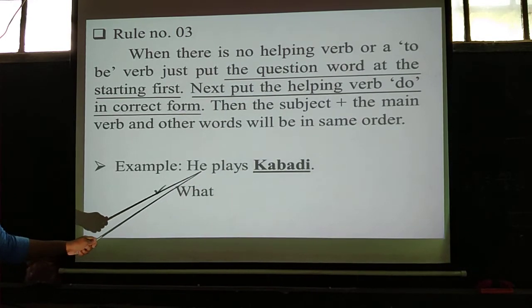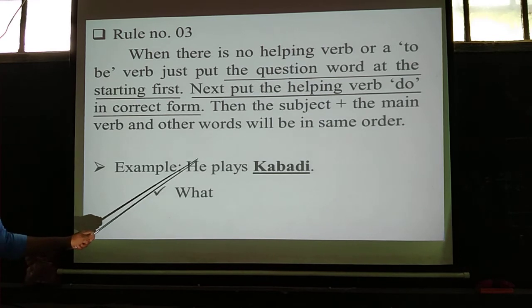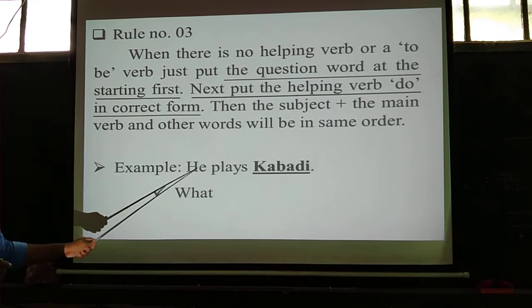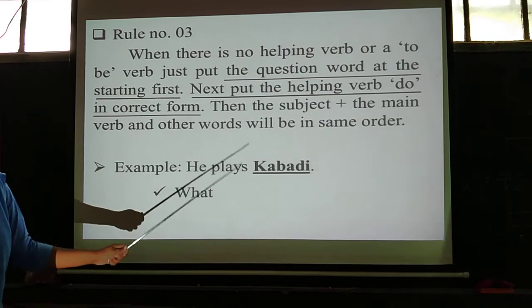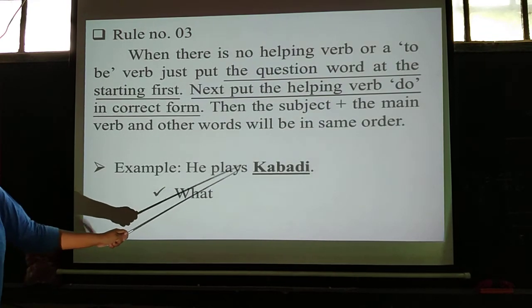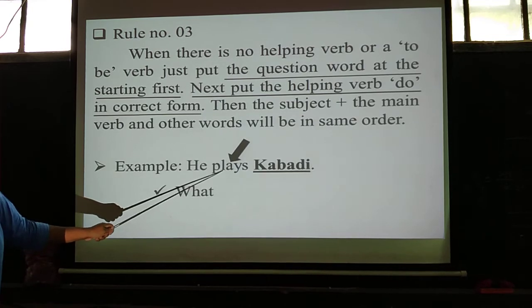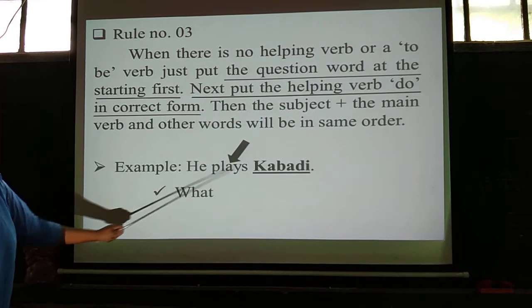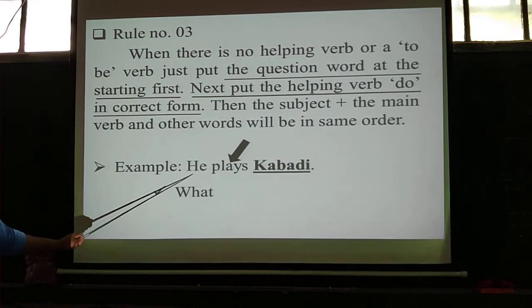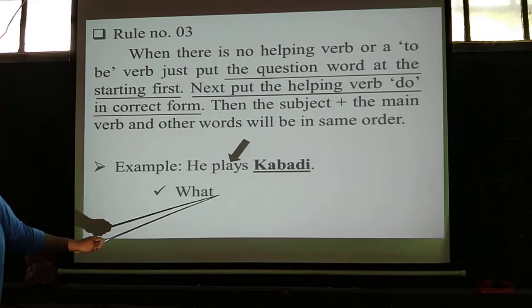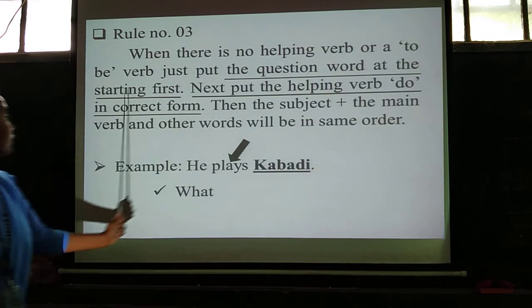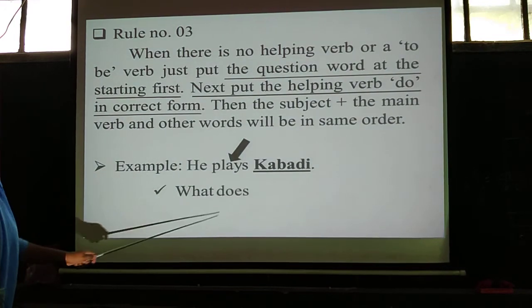Or you can say, if the subject is third person singular number, he, she, it, or any other name, we have to use does. Here look, this main verb play with s because the subject is third person singular number he. So after what, we have to use the correct form of do, and it is does.